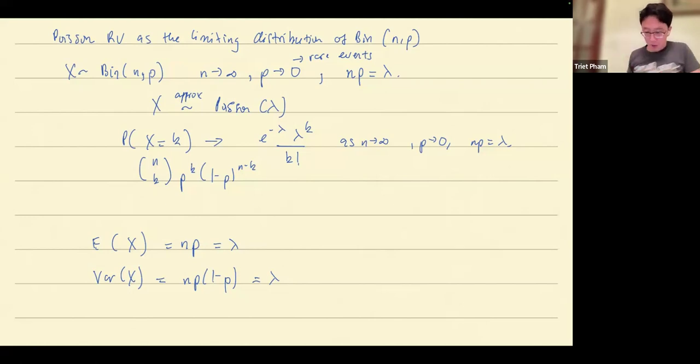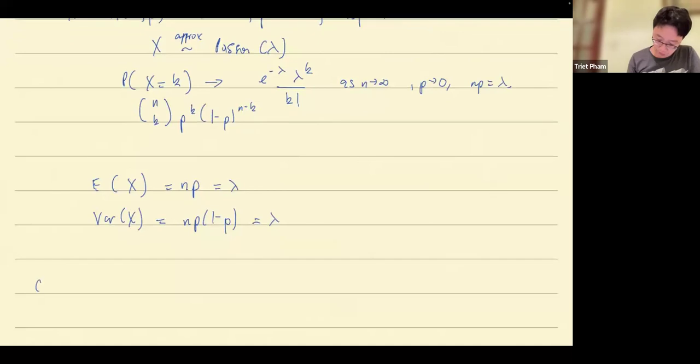Let me give you a caution here. The caution is because, in probability, there are many results, and you must be careful what you're talking about.